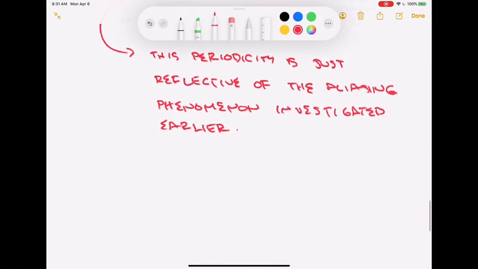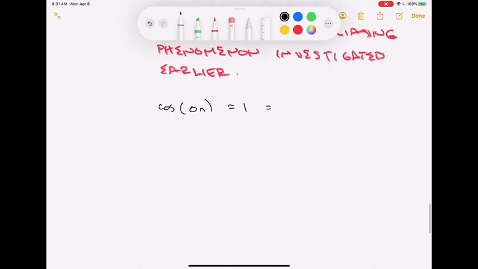So for example, if I have a cosine of 0n, that's a DC signal, 1. We know that that is the same as a cosine 2 pi n, because of aliasing. We had seen that before.